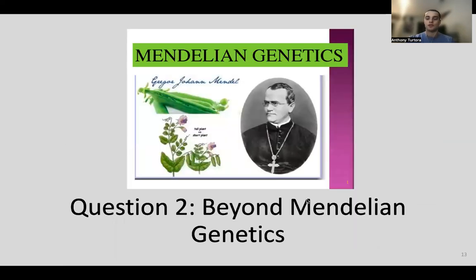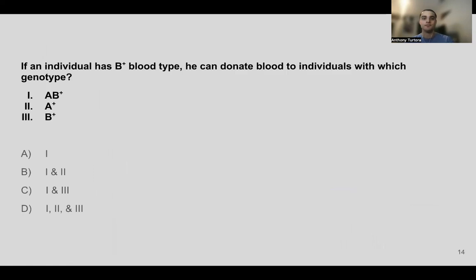All right, so question 2. You can pause the video while we go over the question. The question states, if an individual has B positive blood type, he can donate blood to individuals with which genotype?